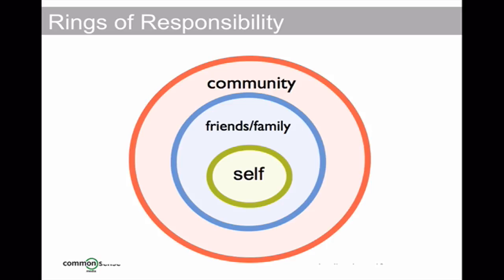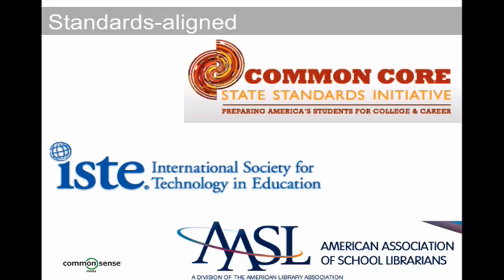We also take this interesting rings of responsibility framework, which means that we encourage students to think about their rings of responsibility: they're responsible not only for themselves in the center, but also friends and family, and then the larger online community. So in our lessons, we have kids think not only about how their behaviors impact themselves, but these other rings of their responsibility.